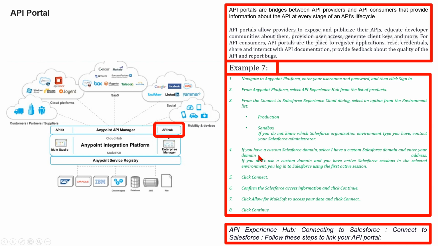If you have a custom Salesforce domain, select I have a custom Salesforce domain and enter your domain address. If you don't use a custom domain and you have Salesforce sessions in the selected environment, log in to Salesforce using the first active session, click connect.